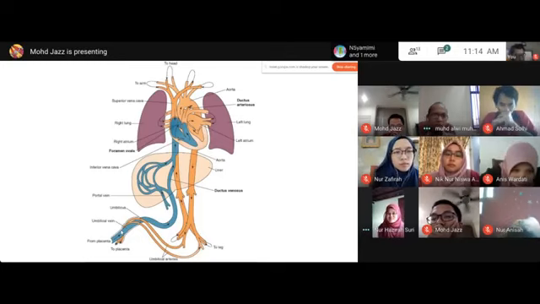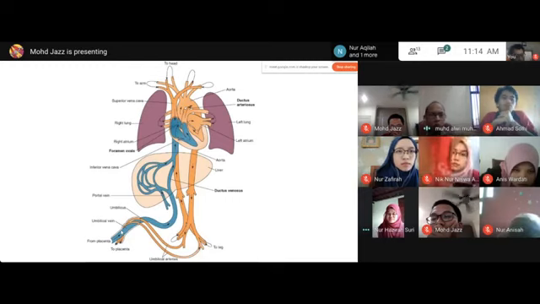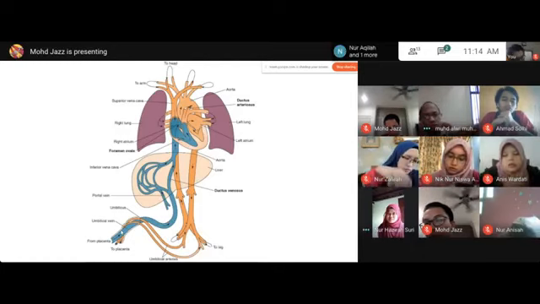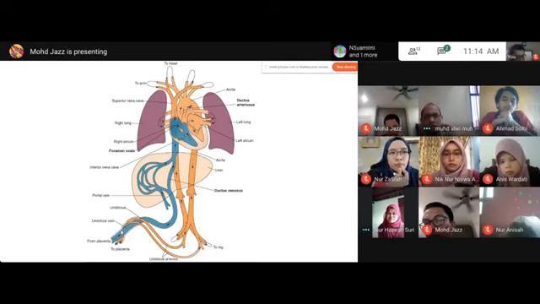Similarly, blood from the superior vena cava, not all will go through the tricuspid valve down to the right ventricle, because some of it will actually go into the foramen ovale as well. But predominantly it will go down to the right ventricle.